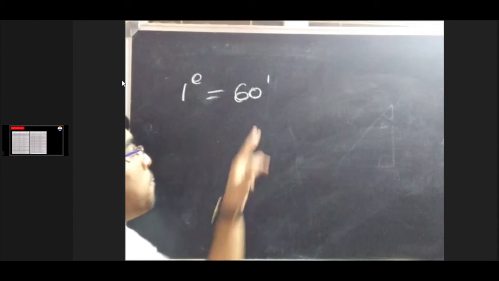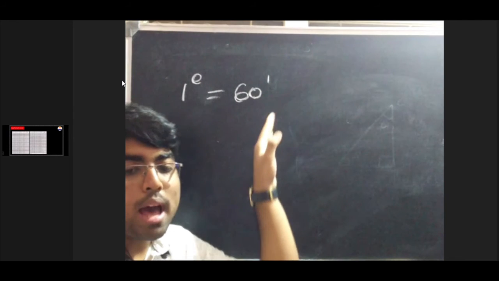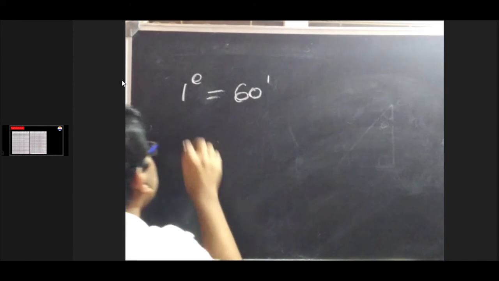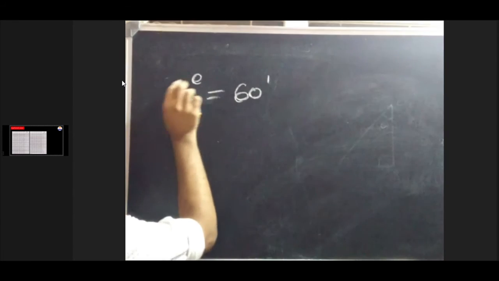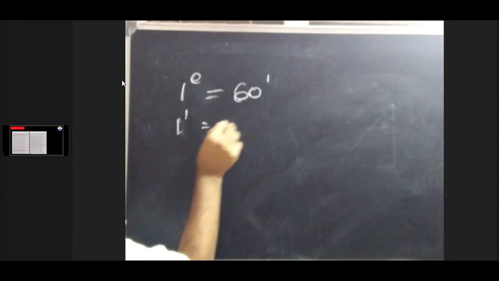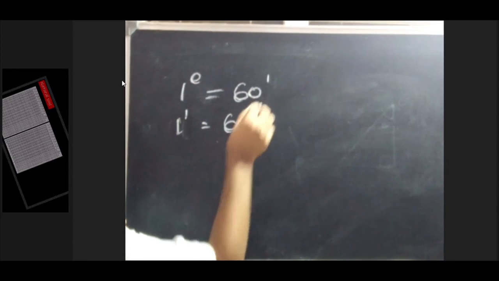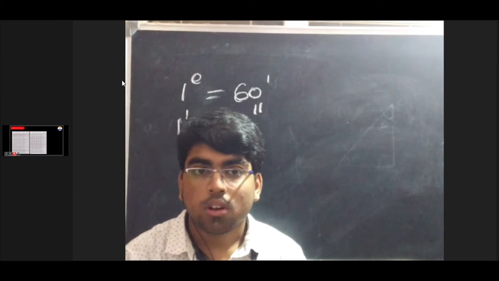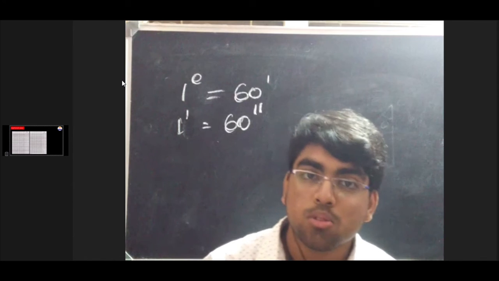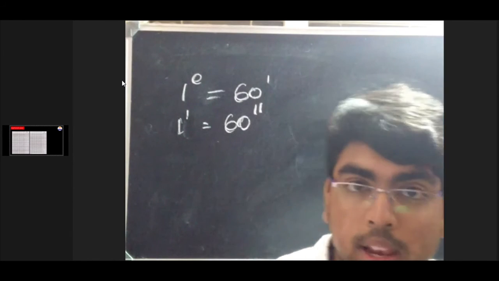This dash represents minutes, and 1 minute equals 60 seconds. We will be using minutes and degrees much while dealing with this.